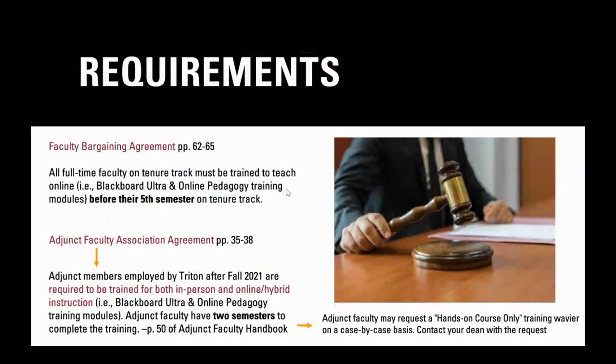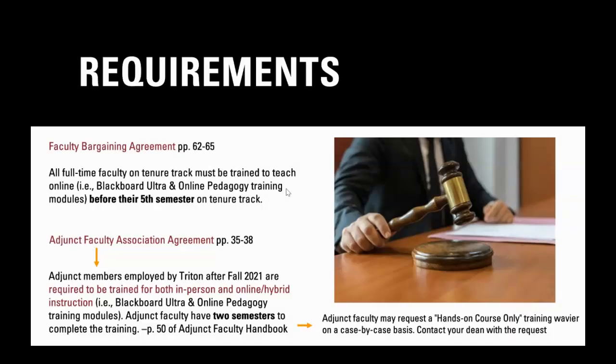So some things that you need to know in terms of the requirements and what is in different bargaining agreements regarding online courses here. If you are a faculty member on a tenure track, you must be trained to teach online, meaning the Blackboard Ultra and pedagogy courses, before your 5th semester on the tenure track.